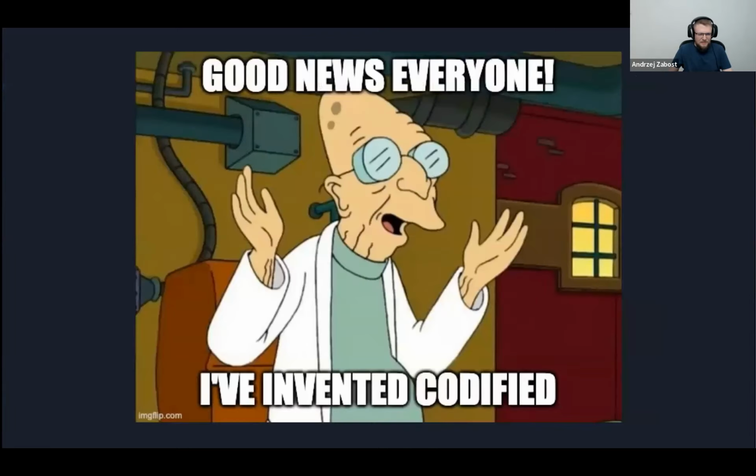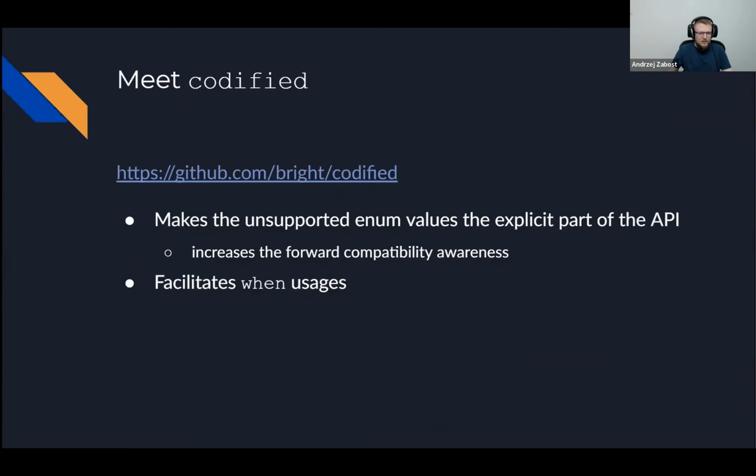However, I've got good news for you, because when we spotted this problem in Bright Inventions, we came up with a very simple solution we called Codified. This is a very small and simple library that will help you with this forward-compatible enum serialization.